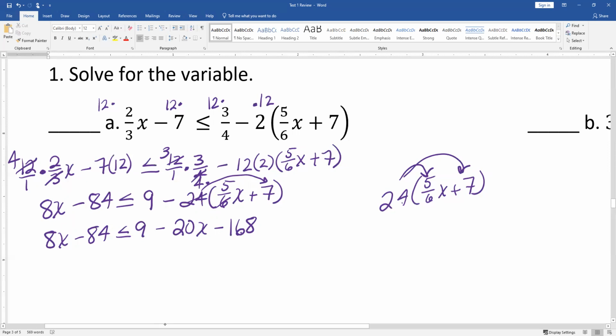So 24 times 5/6, you're multiplying 24 by a number smaller than 1, and so your answer has to be smaller than 24, which it is, it's 20. But 24 times 7 is a big number. So that's why you're getting to 168. Because it's 24 plus 24 7 times.